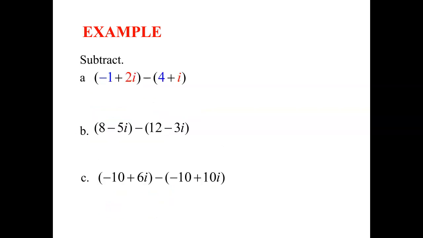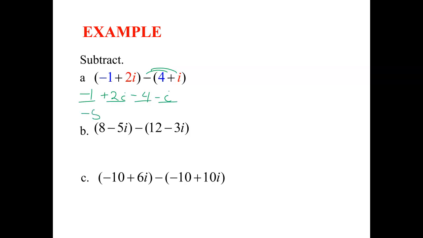Subtraction, same thing, but I have to have an extra step with subtraction. What's that extra step when I'm subtracting a binomial? So, I get -1 plus 2i minus 4 minus i. Add my real parts. What do I get? Good. Add the non-real parts.